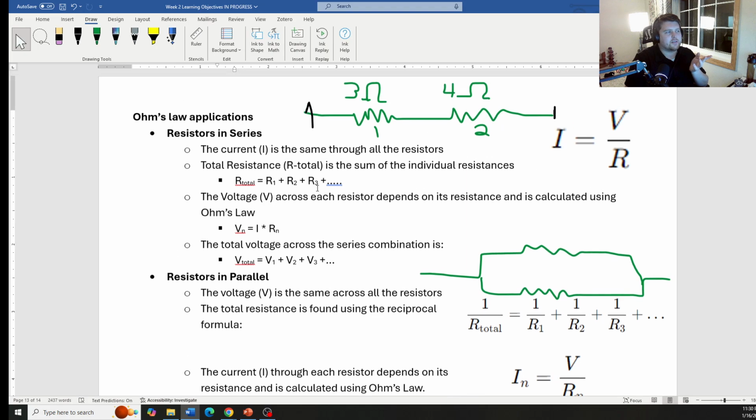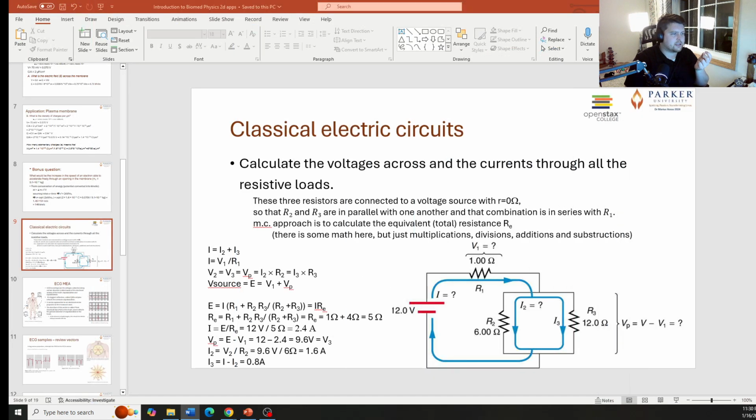So you can kind of see the difference. With resistors in series, the current is the same through all of the resistors. So whatever the value is for the current, most likely to be given to us, we can plug that in, and because it's constant, let's see, did we get a current here? The voltage source with R is equal to 0 ohms.